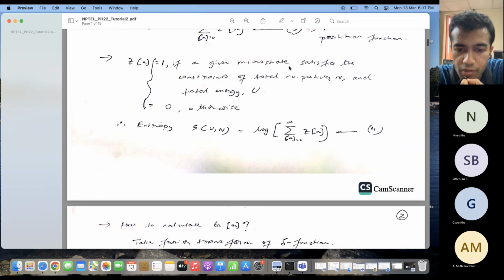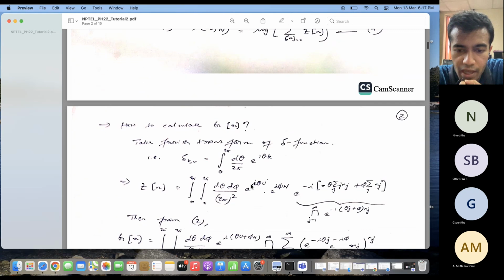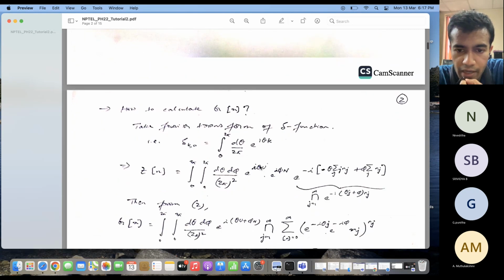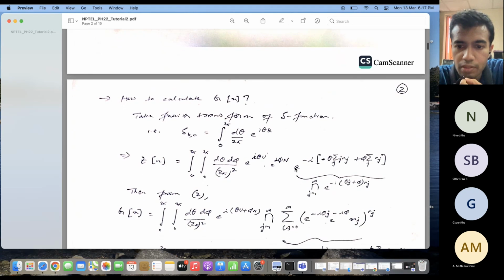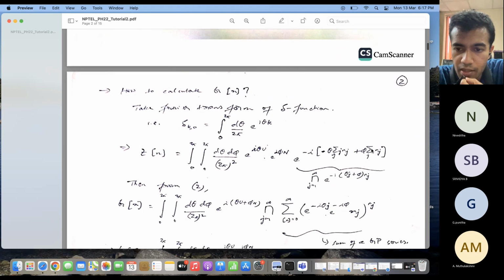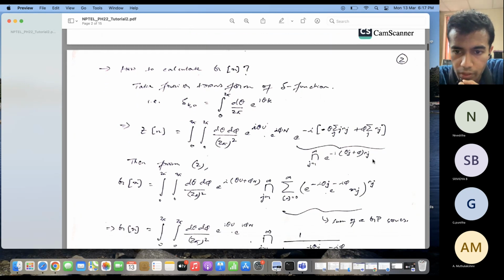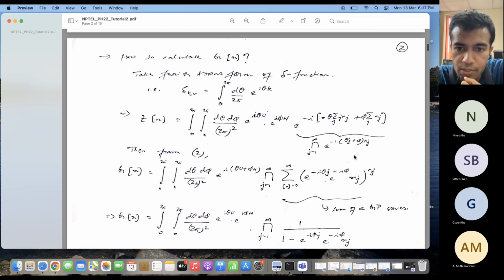If I substitute for them over here, I get two exponentials, e to the power i theta U and e to the power i phi N, into the exponential of this quantity, which is the summation over j of n_j plus another term which comes in with phi, that is also a summation over n_j. Now a summation in the exponential can be written in terms of a product, so I write this as this product.